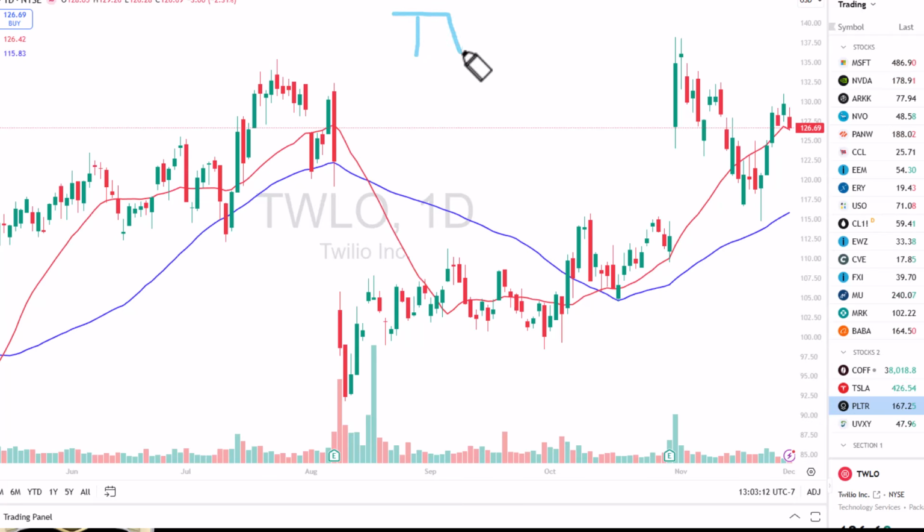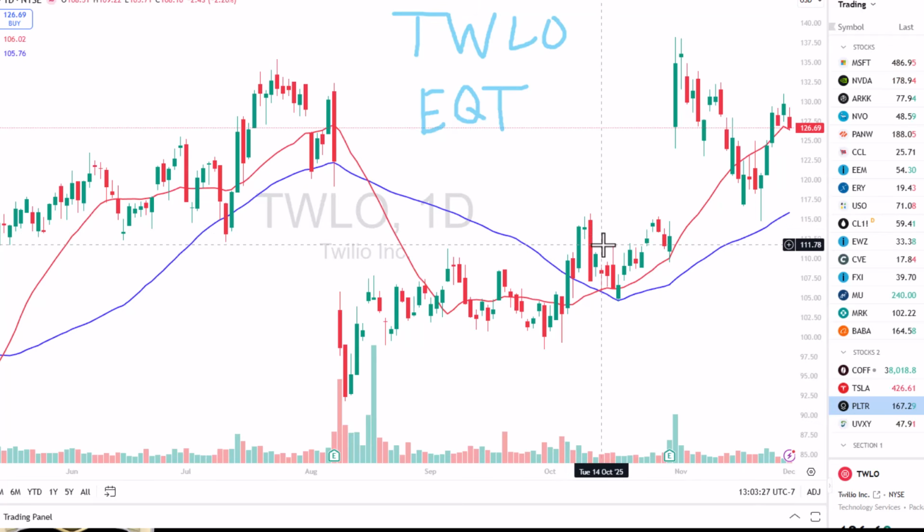Well, Twilio and EQT, we'll take those two to start with. They're different companies within different sectors. So it really comes down to a question of which sector do we like best? Which sector out of these do we think has the most upside? Well, I can tell you right now that the energy sector looks pretty darn good.